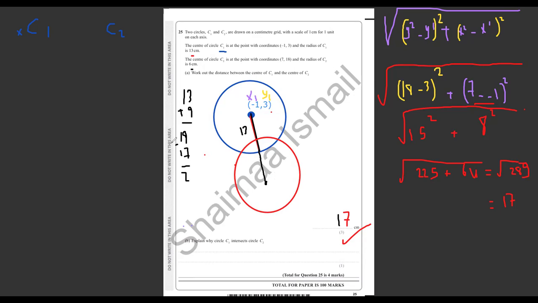So I say that 13 plus 6 is greater than 17, so they overlap.